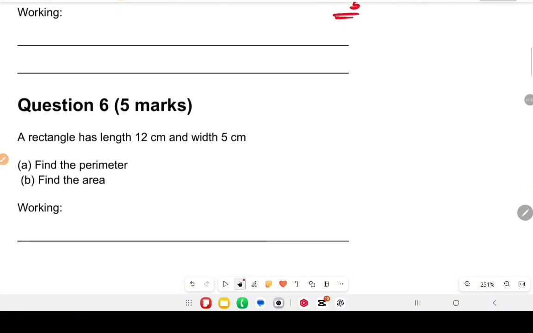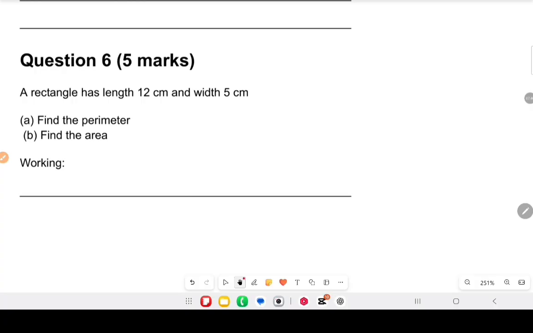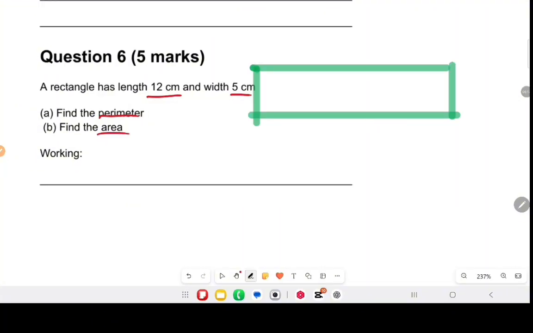Then we move further. We go to question number 6. Rectangle has length 12 cm and width 5 cm. Find the perimeter and the area. Now we draw a rectangle. Now we have a rectangle 12 cm, we have 5 cm, 12 cm, and 5 cm.